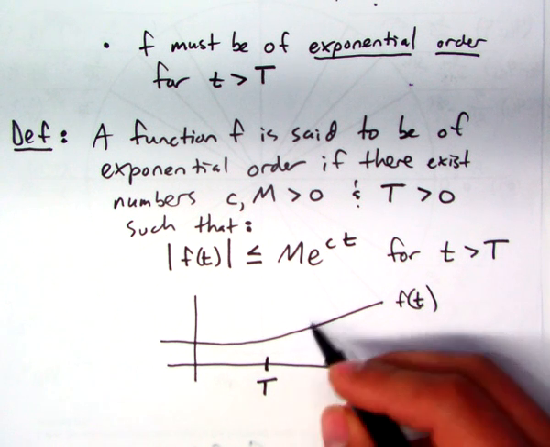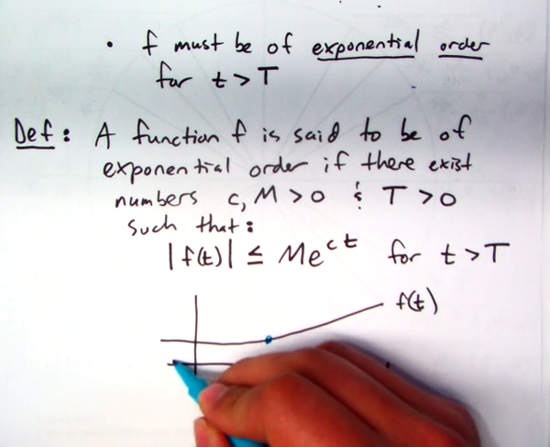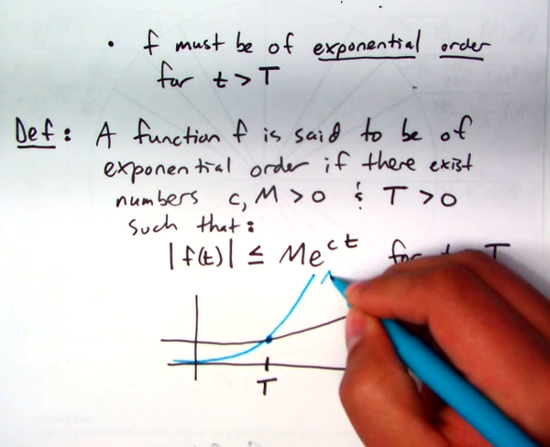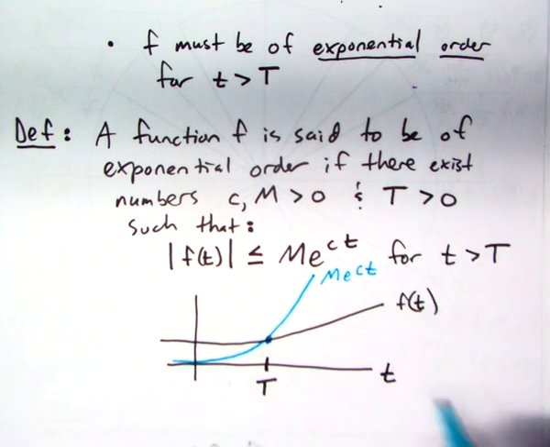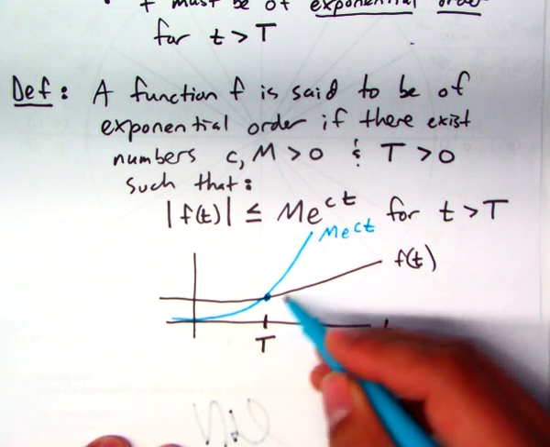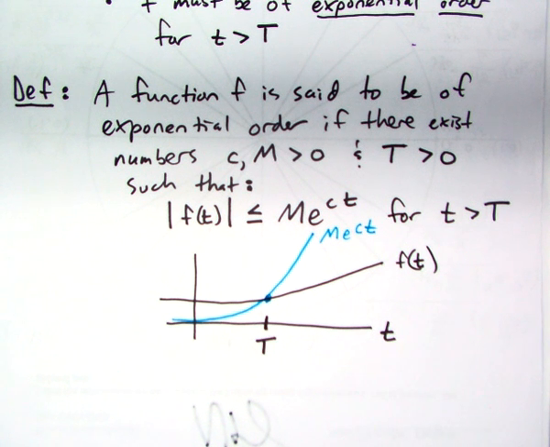So maybe it starts out smaller, but right when we hit that breaking point, now it's clear that this function, M e to the ct, is going to be greater than or equal to f of t. This is what we mean for a function to be of exponential order. Not always, but at some point and thereafter, it will always be beaten by an exponential function.